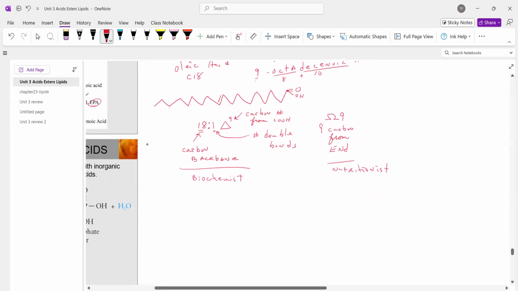So this fatty acid is going to be an omega-9 fatty acid. The delta way counts the first carbon of the double bond from the acid end. So we go 1, 2, 3, 4, 5, 6, 7, 8, 9. By the way, this is oleic acid.